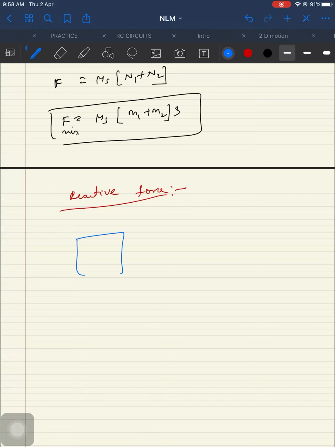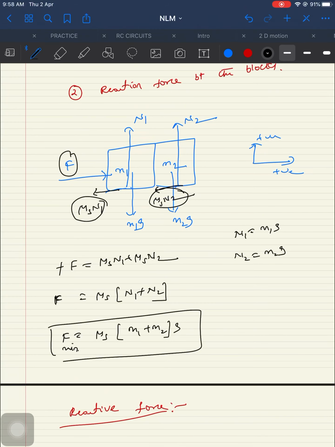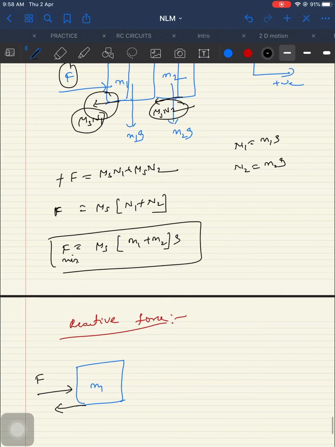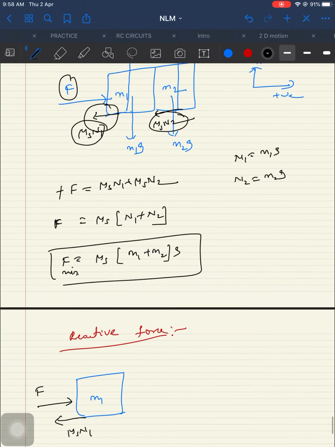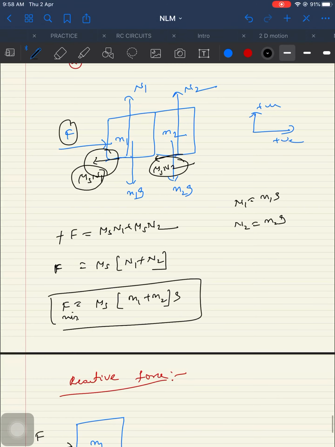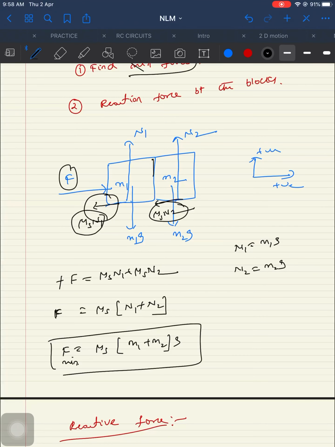Now see this body: towards the right, F is the force, the mass is m1, and the friction on this block is in this direction, mu s into n1. This is the contact surface.